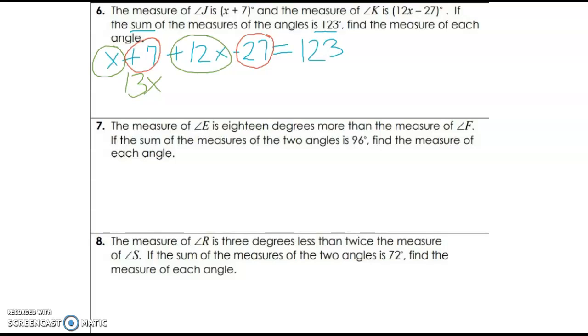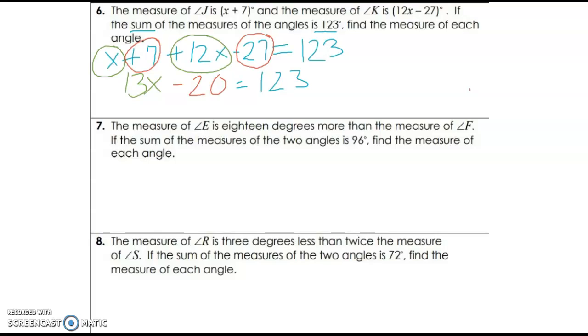So this would read 7 minus 27, which is 7 plus negative 27, which is negative 20. So that means we have 13x minus 20, and together they equal 123. So all we did here was combine like terms.